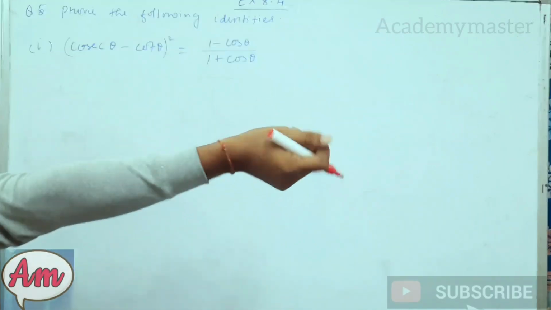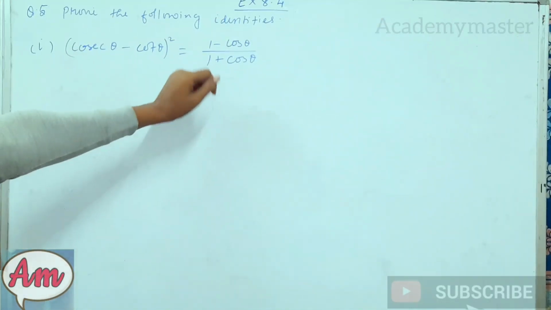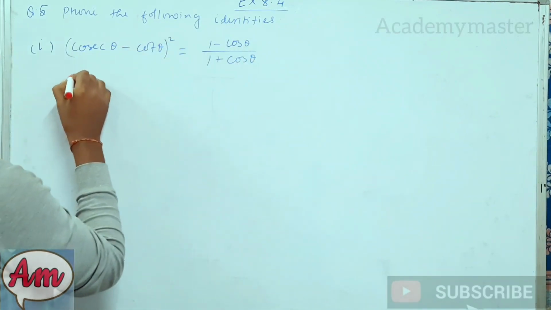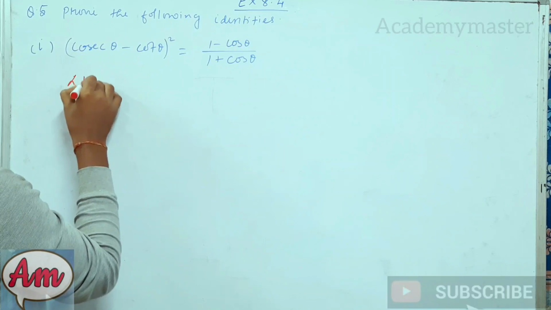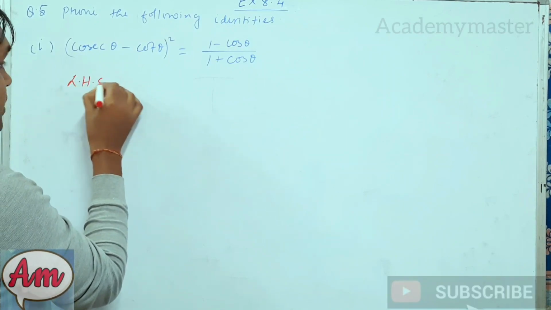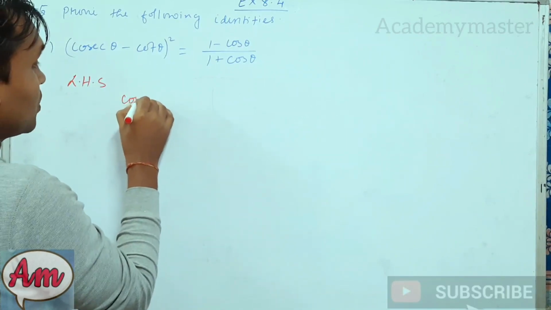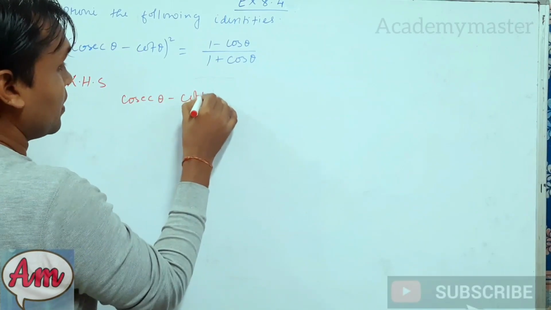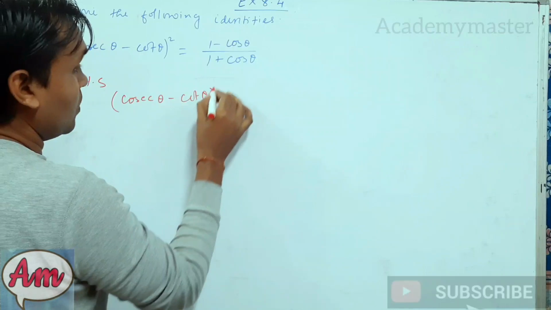So here it is given (cosec theta minus cot theta) whole square, and we have to prove it equals this much. First of all we will write the LHS: (cosec theta minus cot theta) whole square.